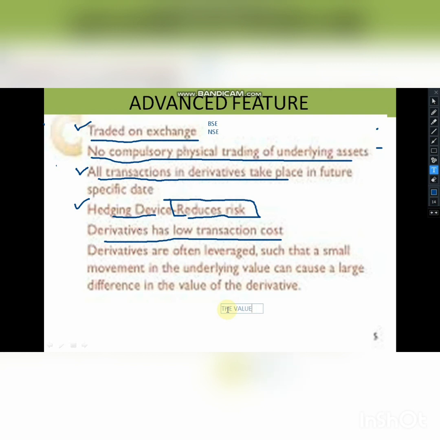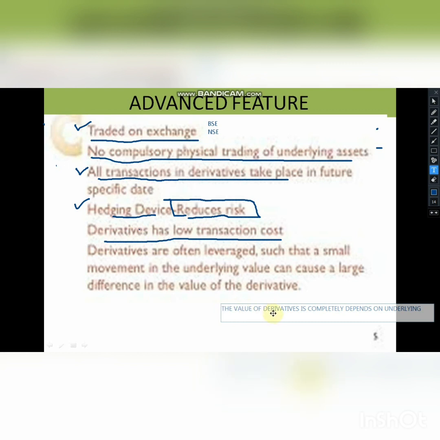So if the prices of underlying assets increase, the prices of the derivative, or you can say the value of the derivative itself, increases.